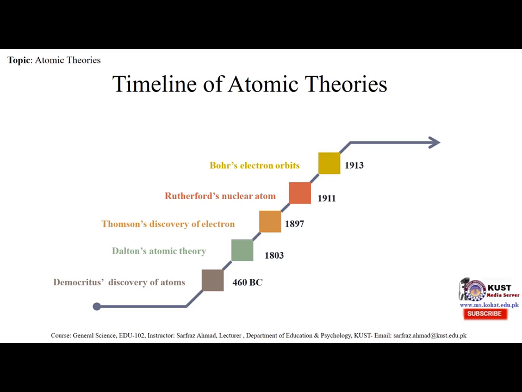The word atom actually comes from ancient Greek and roughly translates as indivisible. The ancient Greek theory has been credited to several different scholars, but is most often attributed to Democritus, whose life, as we know, was from 460 to 370 BC, and his mentor Leucippus.